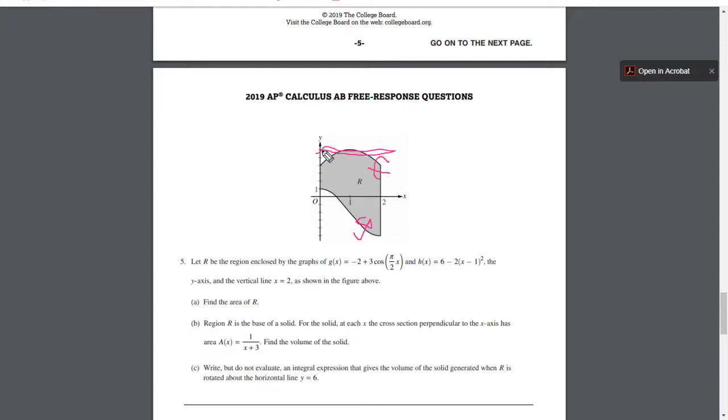So this distance is going to be the radius. That distance is going to be the radius. That distance is 6 minus g of x. That distance is 6 minus f of x. If I could draw straight lines, this would be easier to see. The distance between 6 and 1 is 6 minus 1. The distance between 6 and 5 is 6 minus 5.